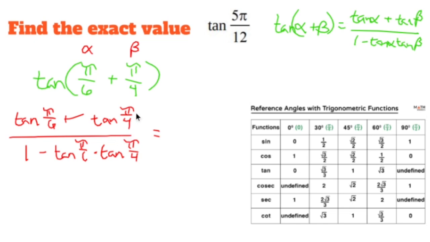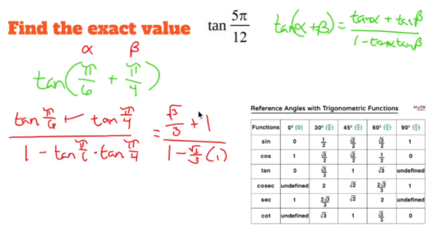Tan pi over 6, according to my chart, is root 3 over 3, plus tan pi over 4, which is 1, over 1 minus root 3 over 3 times 1.